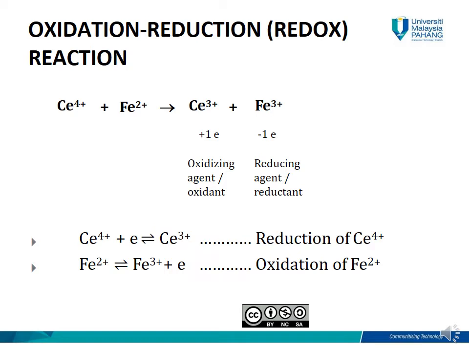Okay, so before we start, let me remind you that a redox reaction consists of two types of reaction. The first one is oxidation, and the second one is reduction. Let's look at this example: the cerium ion and the iron ion.